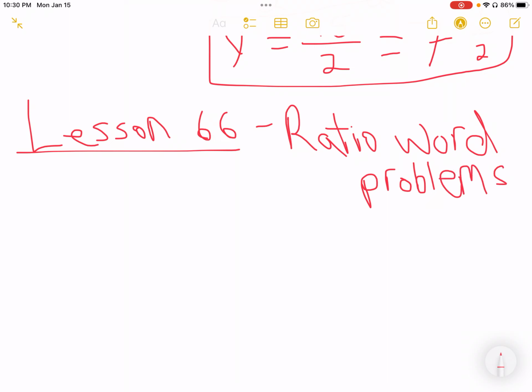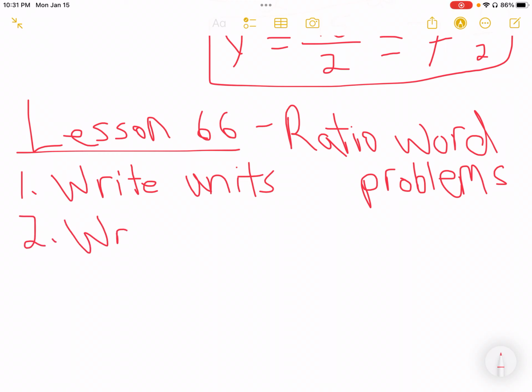So I'm going to write down 5 steps. It seems like a lot of steps, but first, I'm just going to say write the units. If I write ratio of boys to girls, then I'm going to say, okay, let's use B and G. So I'm going to write my units. And then I'm going to write a given ratio. So write the ratio.